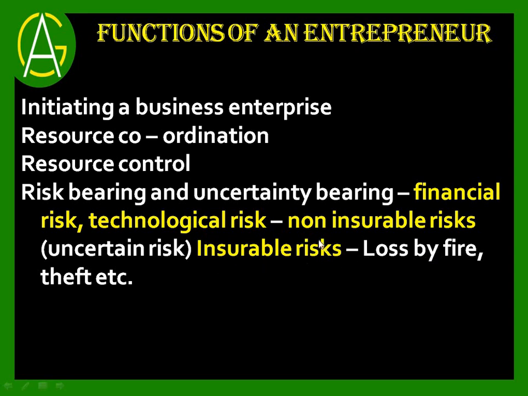But the risk for which the insurance company does not give you insurance cover is considered non-insurable risk, and these non-insurable risks are uncertainties. Say, for example, loss due to change in fashion. Now this cannot be covered under insurance. So that is known as uncertainty.